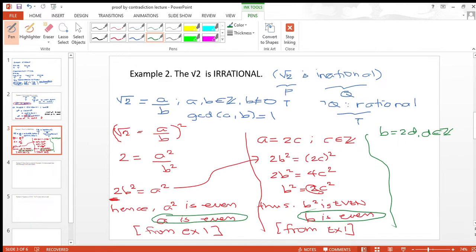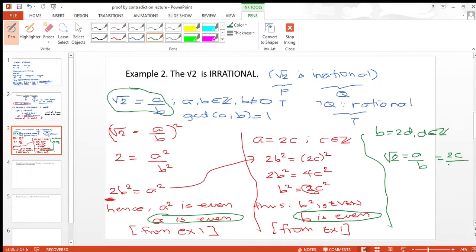Because b is even. And where did we find a and b earlier? Isn't it that we have a and b from our original assumption? So going back to that part, we have the square root of 2 is equal to a over b, but a is 2c and b is 2d.